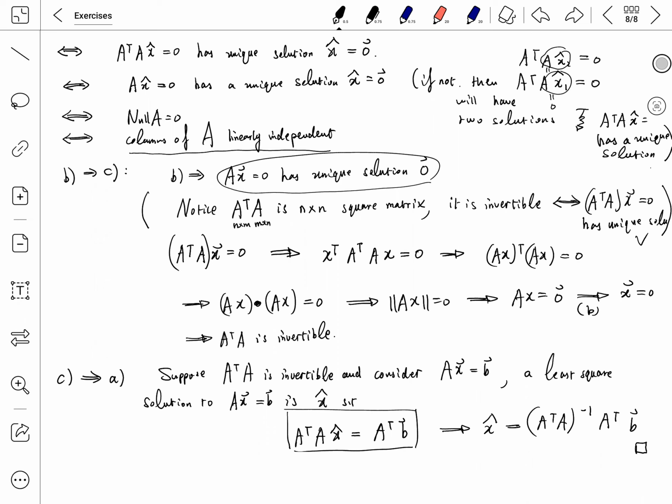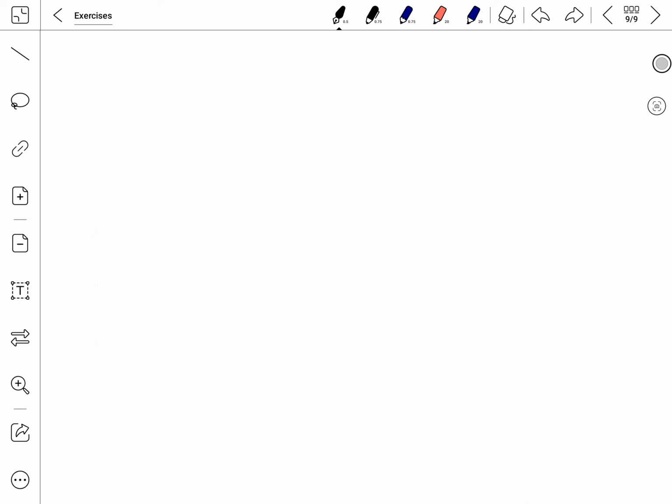So let me put third part of the exercise. The last question is, suppose A is n by n matrix with linearly independent columns.